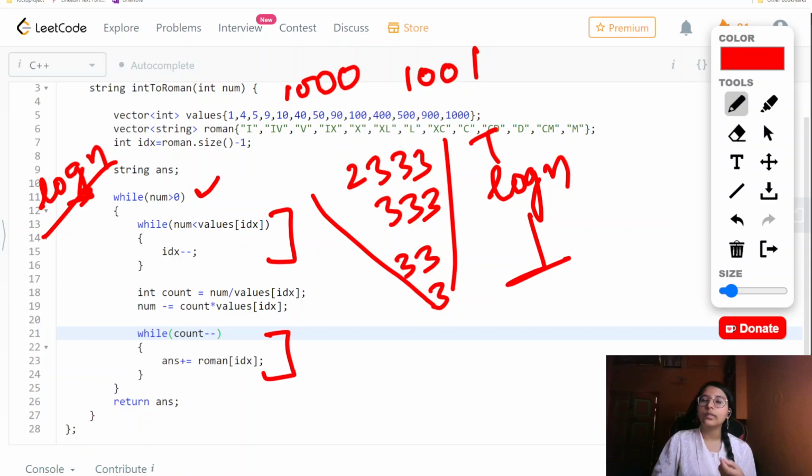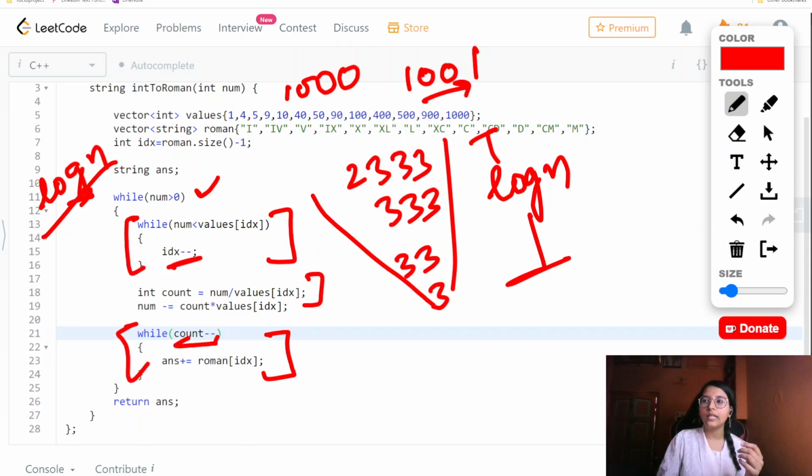So this particular loop will run up to this time, right? And because of that division only, we are able to get that log n. But now comes the part of this loop and this loop: because of that count and because of this index, we are able to accumulate them and it will go up to this n. So that's why we are getting this particular time complexity as n log n.